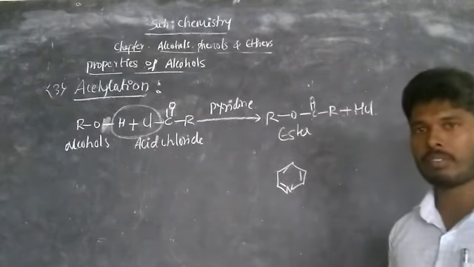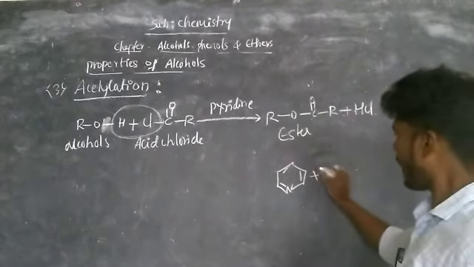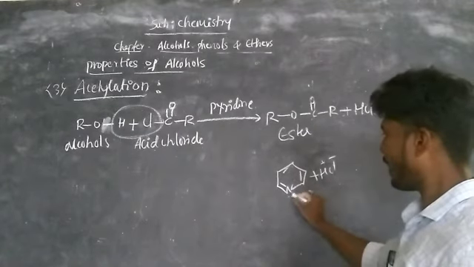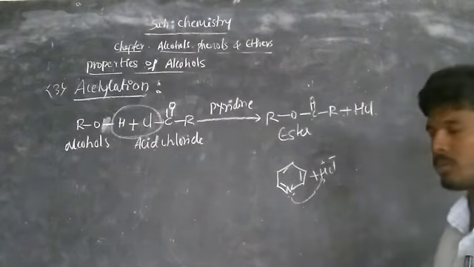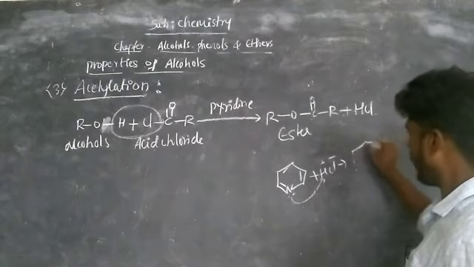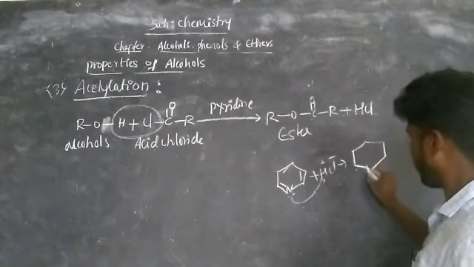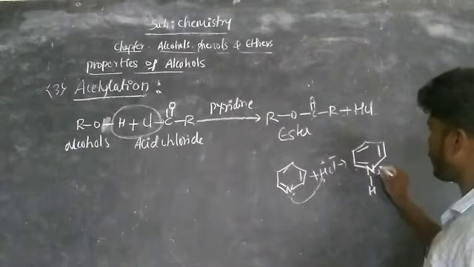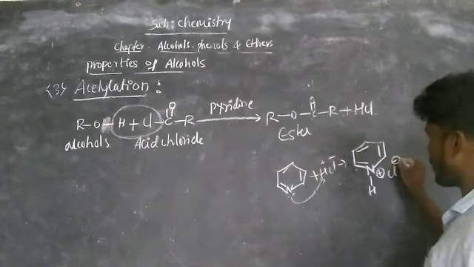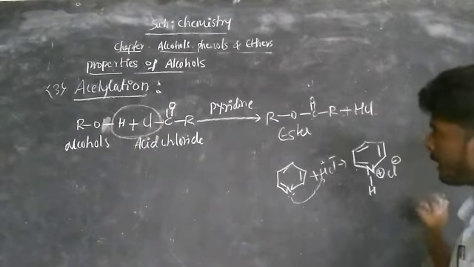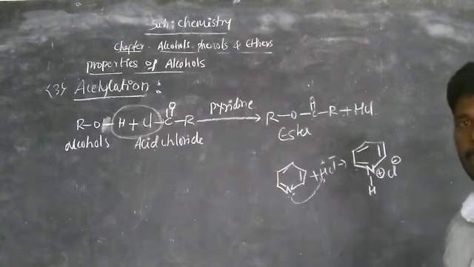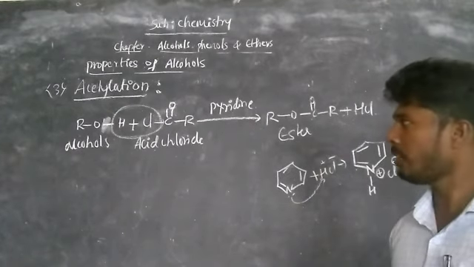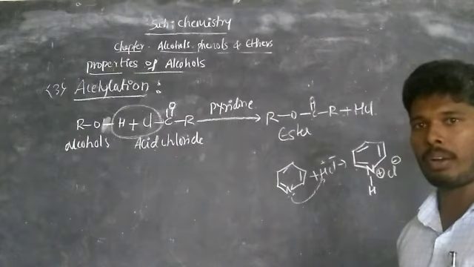This pyridine reacts with HCl. It forms H plus and Cl minus, right? Nitrogen having a free electron pair abstracts H, and we get pyridinium salt. This one, N bond H, nitrogen carries positive charge, and Cl. This is pyridinium salt. This salt can be easily removed from ester. You get pure ester. Okay, this is the simple process to prepare ester from acid chlorides and alcohols.